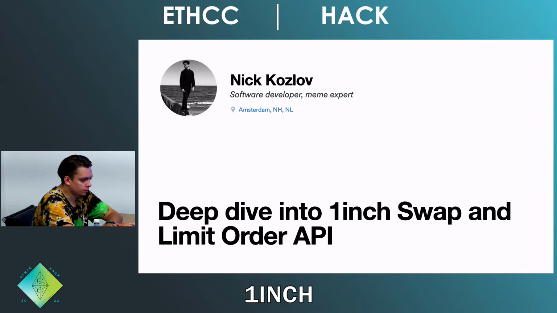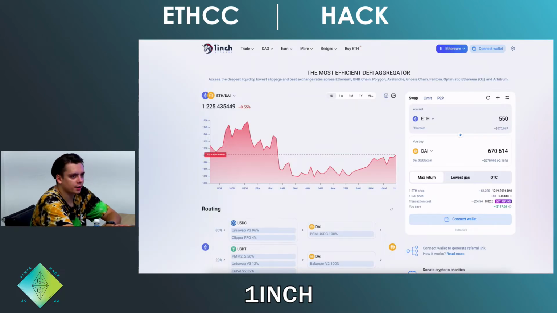Let's start with OneInch. If you're not familiar with OneInch, it's a leading DEX aggregator on the market. If you want to swap some tokens to any other token, it's one of the best places to do this. It's very gas optimized. We support multiple EVM networks, like Binance Smart Chain, Polygon, Avalanche, Gnosis Chain, Fantom, Arbitrum, Optimism, most of them.